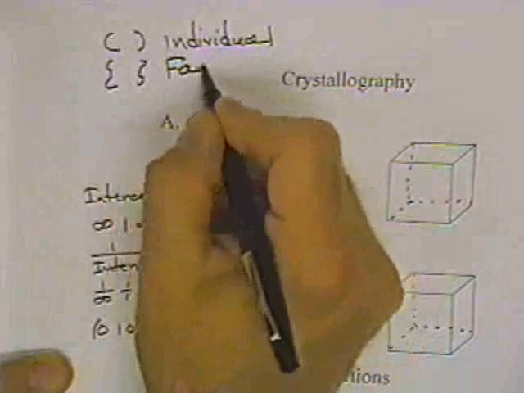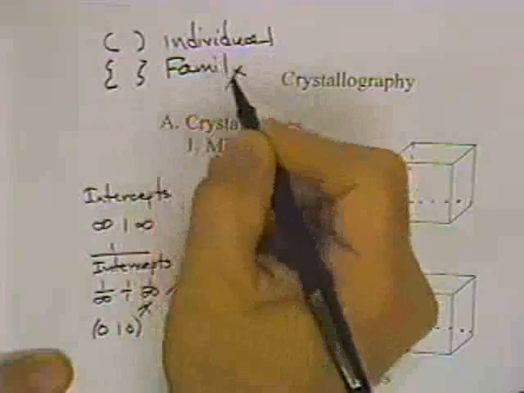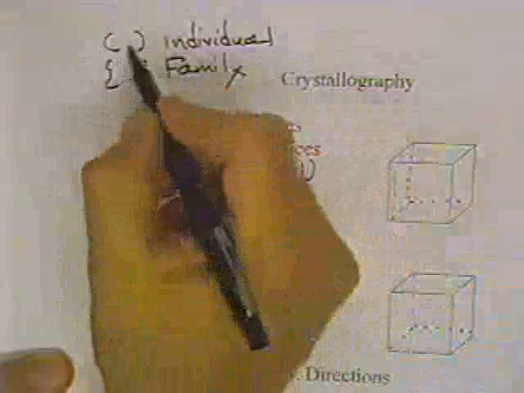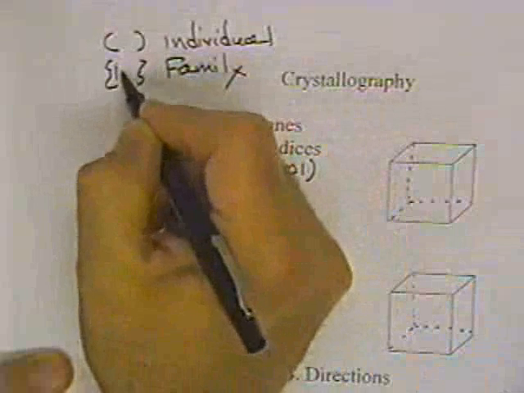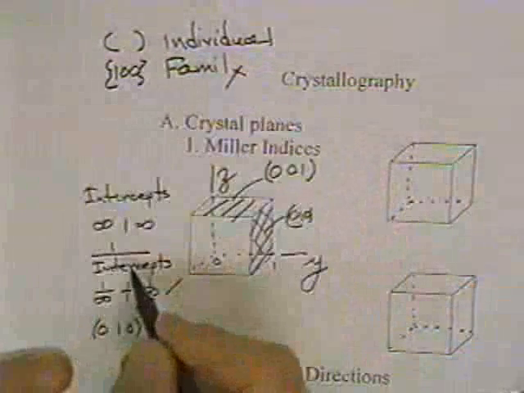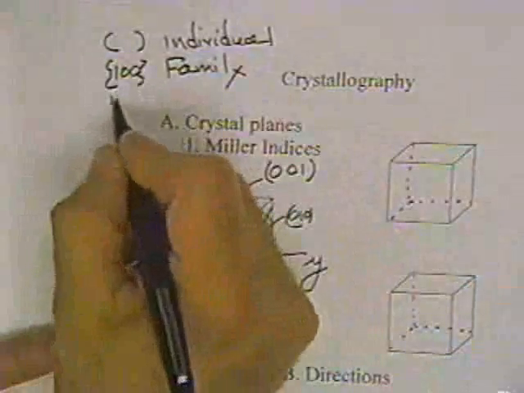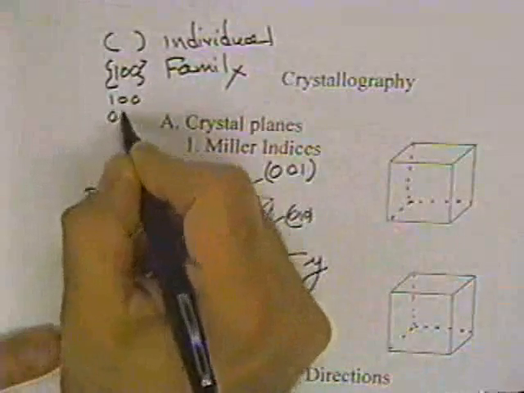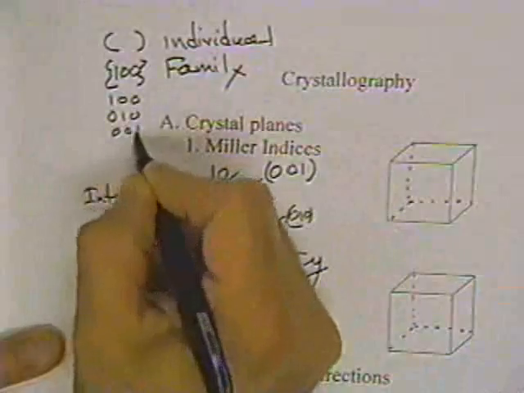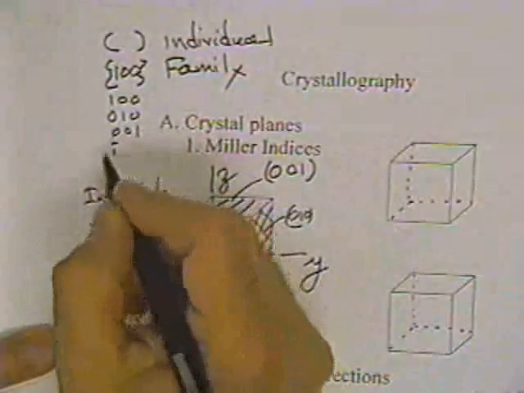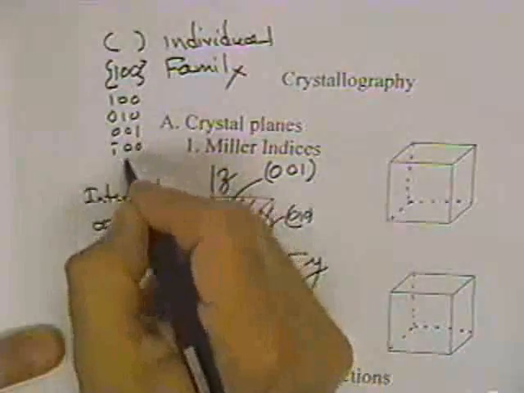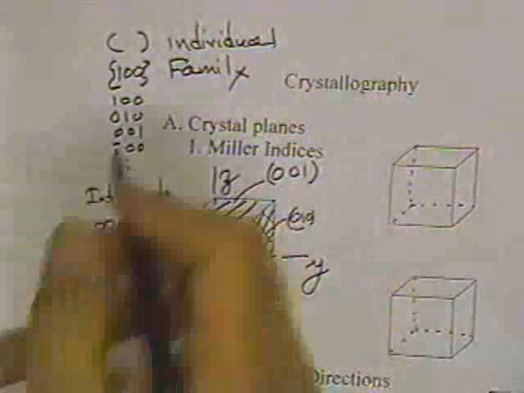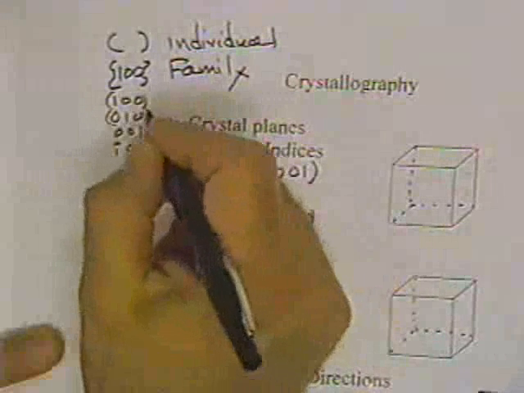So this would correspond to a family of planes. And if you had a family of {1 0 0} planes, that would include the (1 0 0), the (0 1 0), (0 0 1), (0 0 1 bar), which would be in the negative direction, etc. So it would include all those individual planes.